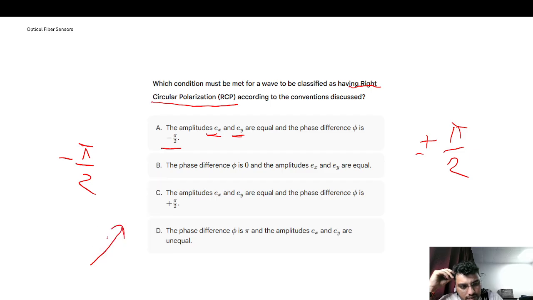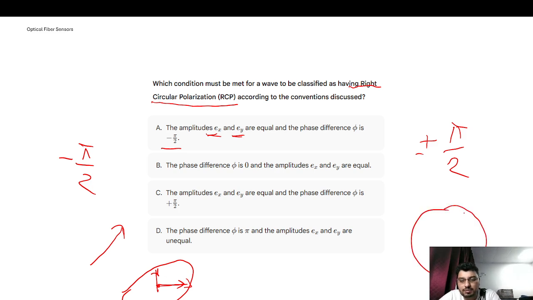But if you have elliptical, the Ex and Ey will not be totally equal. One will be very high, Ex or Ey won't be perfectly equal. For the circular only it will be equal. So both will be equal.